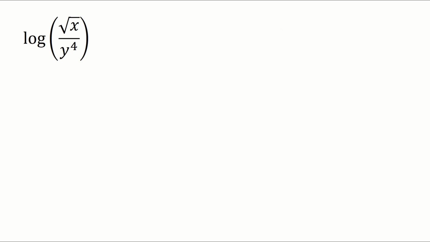In this case, we can apply the quotient rule. Remember, the quotient rule says that when you have the log of two numbers that are being divided by each other, p over q, you are turning this into log of the numerator minus log of the denominator. So what do we do here?